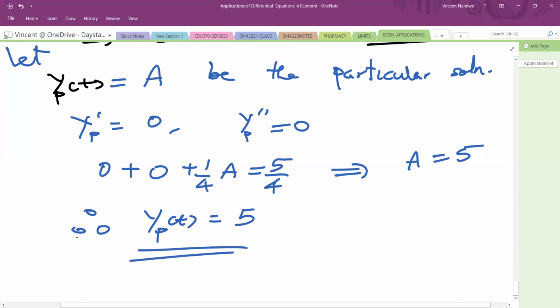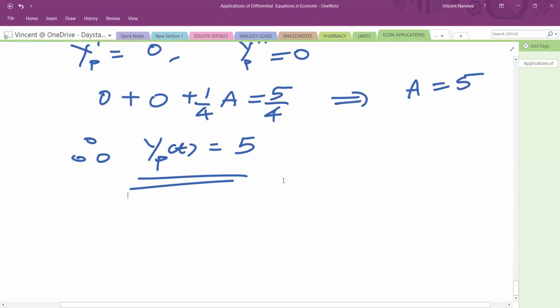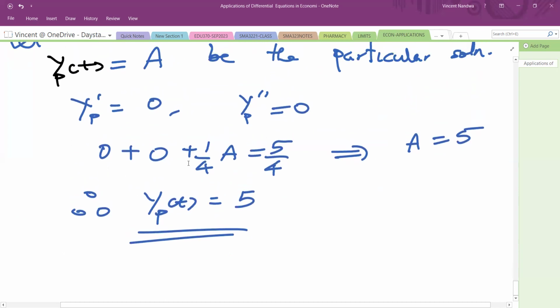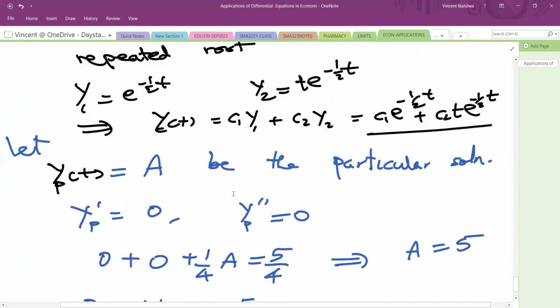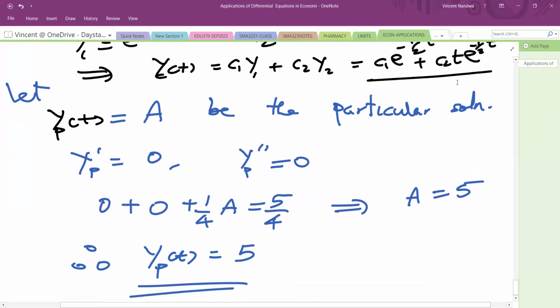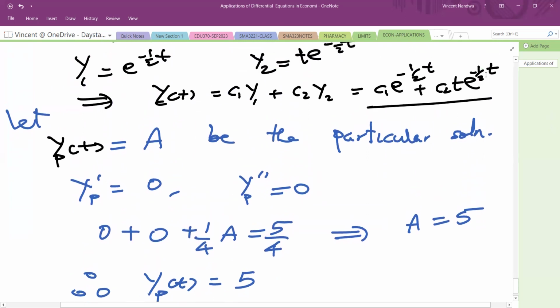So when we have yp as 5, then yc is C1 e raised to the power minus a half t plus C2 t e raised to the power minus a half t.